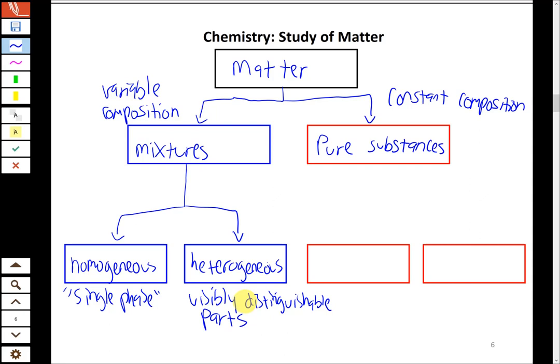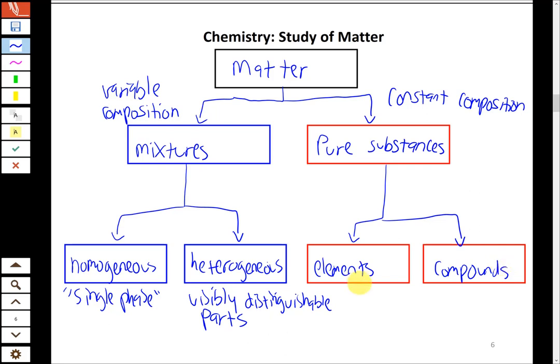Within pure substances, there are also two major categories that we'll talk about. And as I said, this is the bigger emphasis in this course. So there are elements and compounds. Don't worry too much now about the precise definitions of these, because that's all coming.